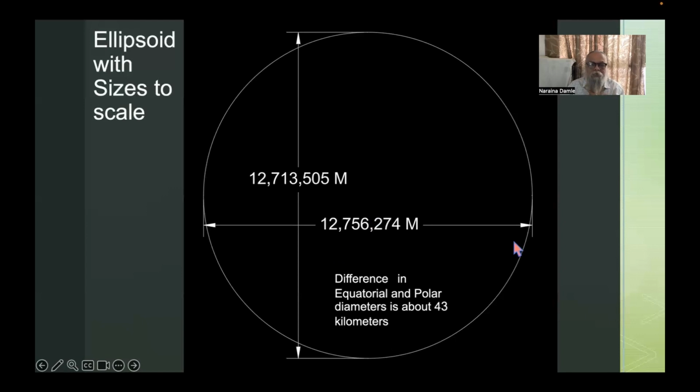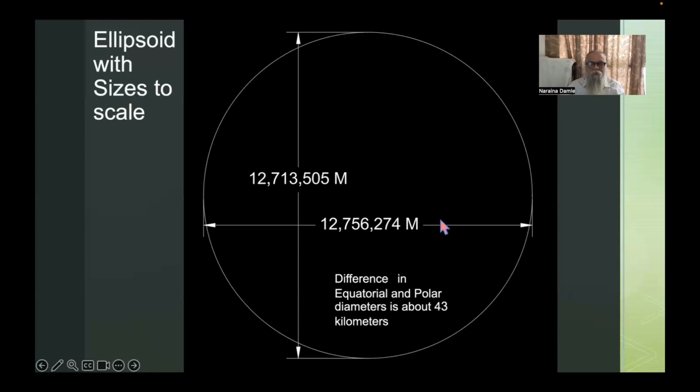So these diameters are about 12,000 kilometers both, but they differ in the equatorial and the polar directions. In the polar direction, the diameter is lesser; the equatorial diameter is more. And the difference in the diameters is about 43 kilometers. I'm stressing the word diameter because the difference in radius will be about half of that, which comes later.